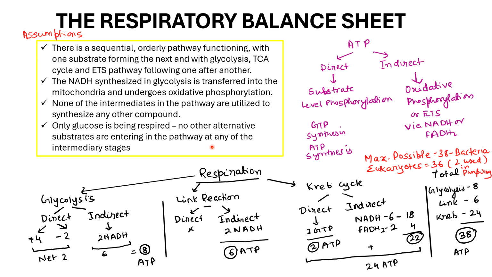So under ideal conditions, only when glucose is being respired and there are no other alternative substrates, we will be getting this number of ATPs in the maximum possible case.